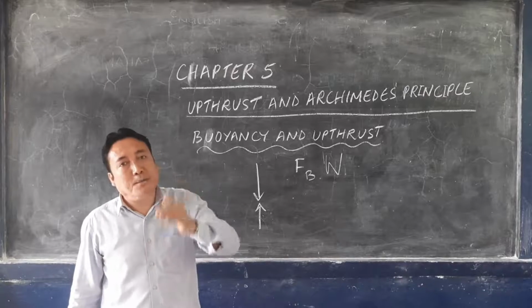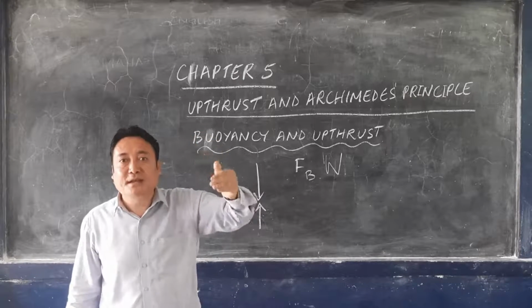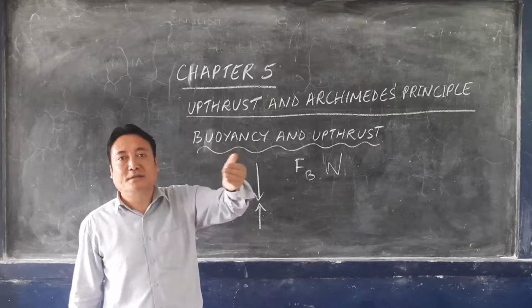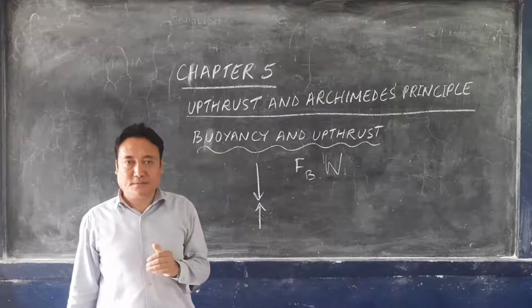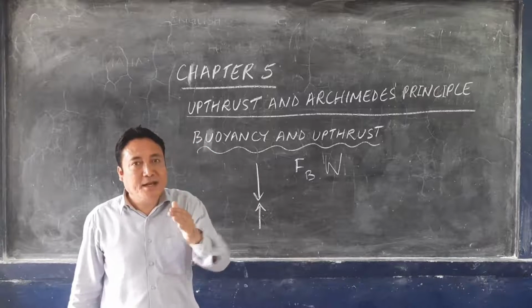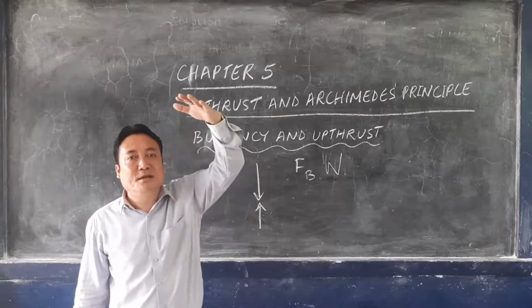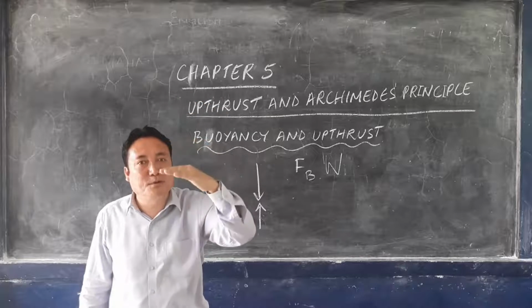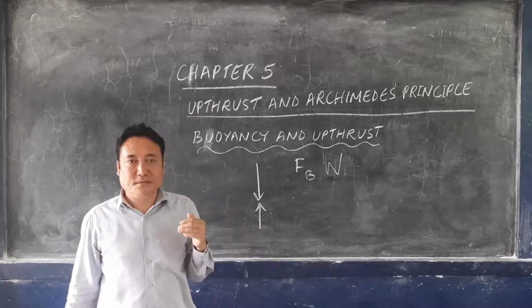So when the upward force is more than the weight of the body, then the body will float. That means the body will float in such a way that a larger portion of the body will remain above the surface of the water and a small portion will remain under the water.